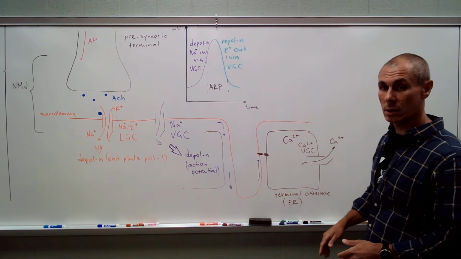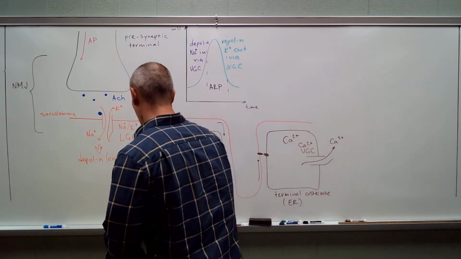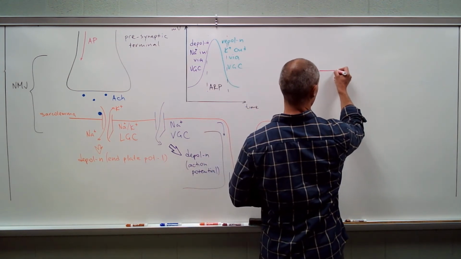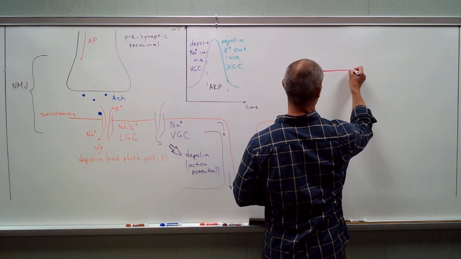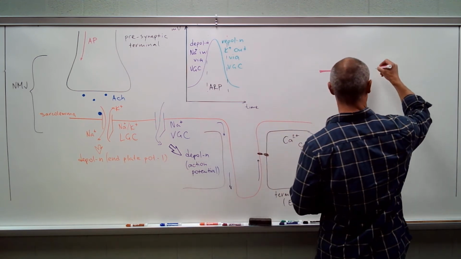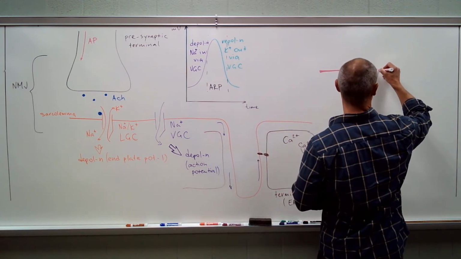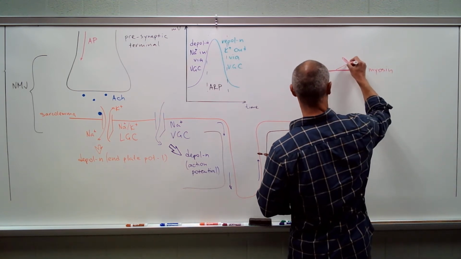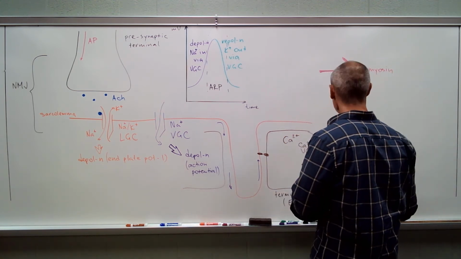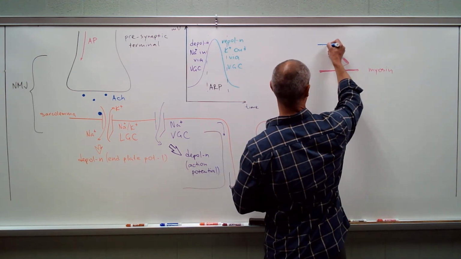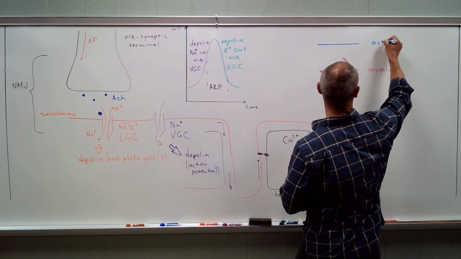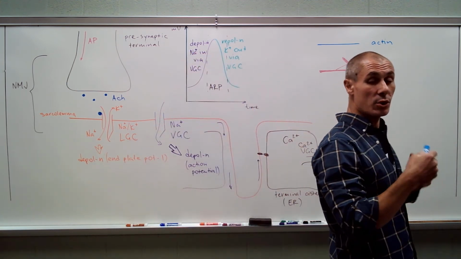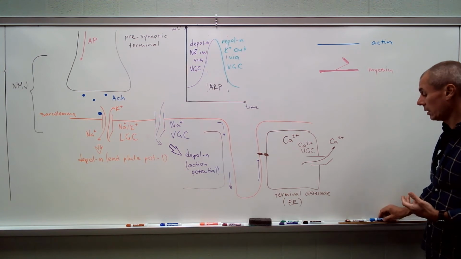So I mentioned that there are thick and thin filaments, right? This is your thick filament. I'm going to call it the myosin filament. It's a thick filament with a head. This is your thin filament, the actin. Well, it turns out that when there's no calcium, here's what happens.